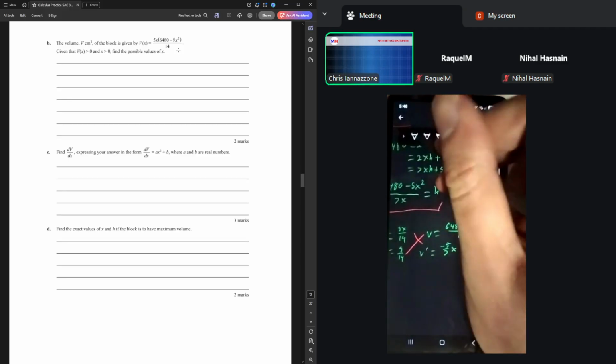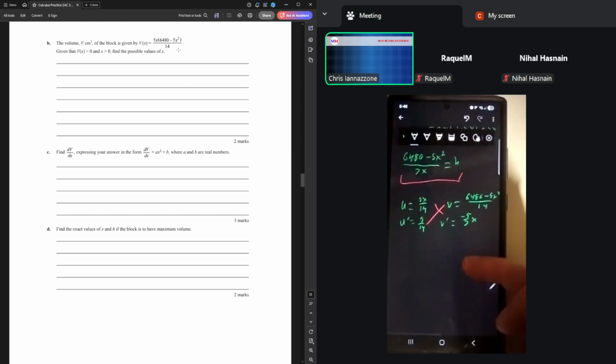Then from there, demonstrating the product rule. So it's the product of those two things.